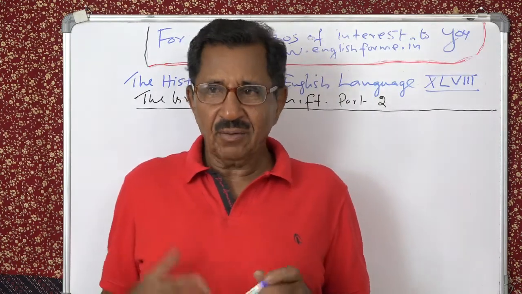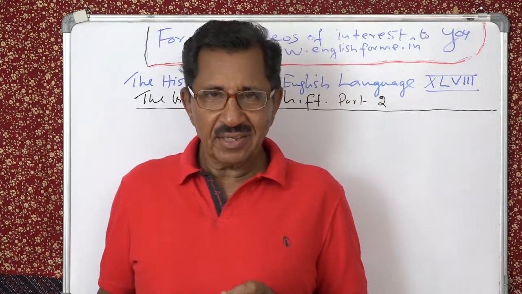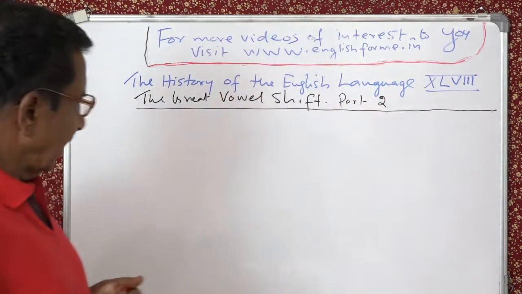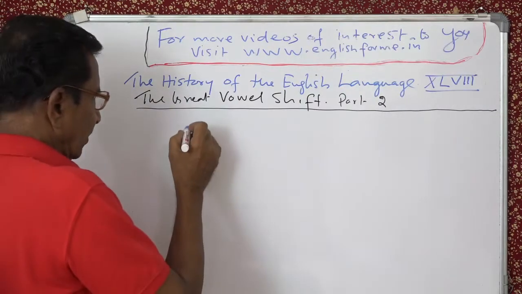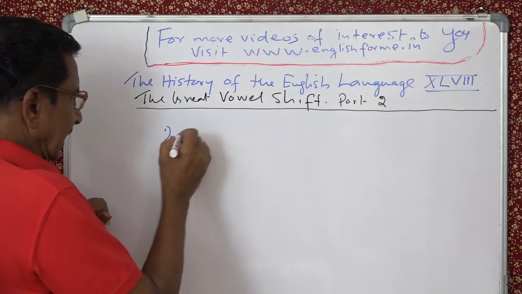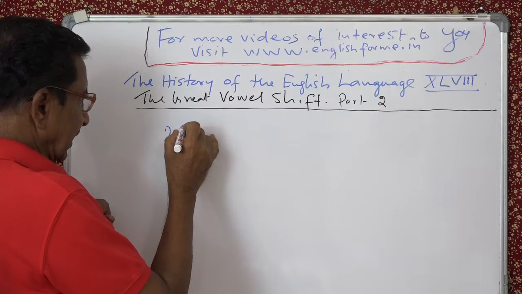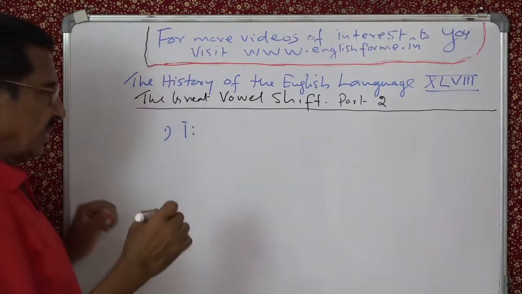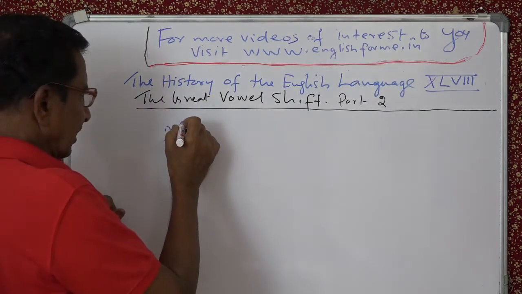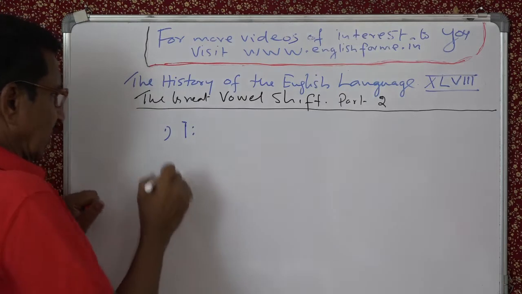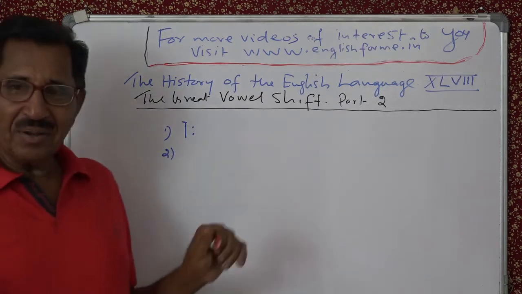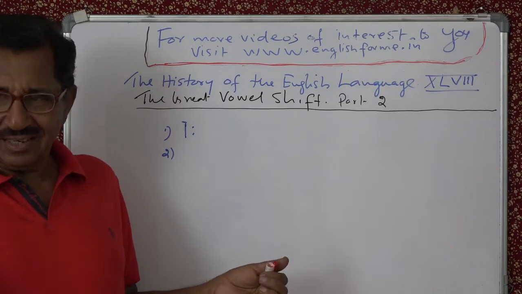Now Middle English, I have already told you, had 7 long vowels. We have first one, written like this, and the second something like this. Books show it like that. Understand?